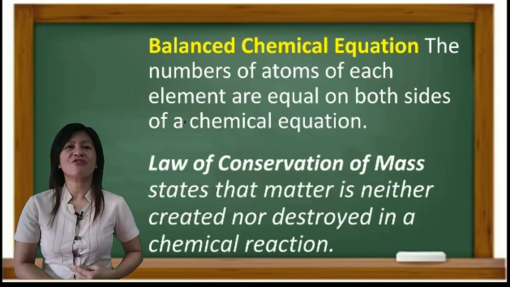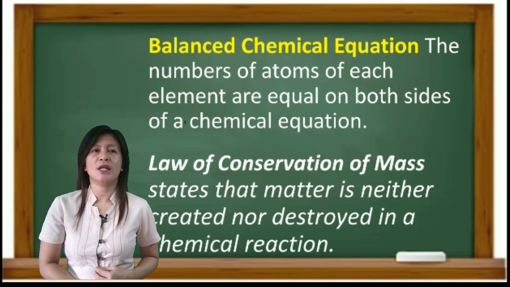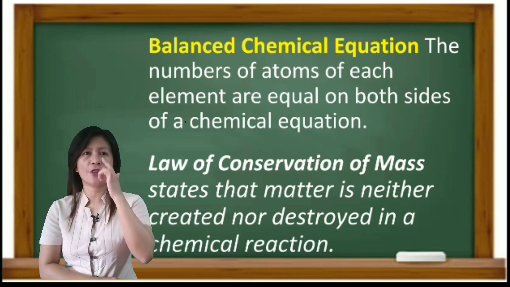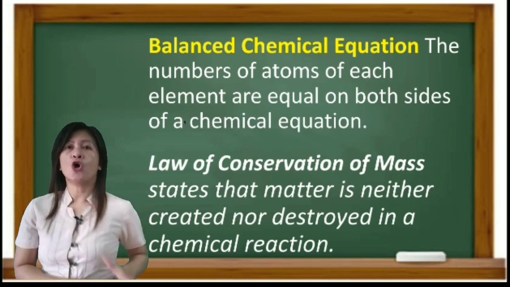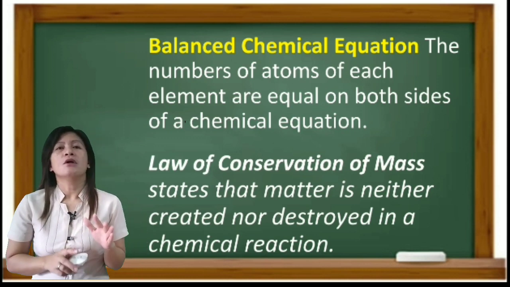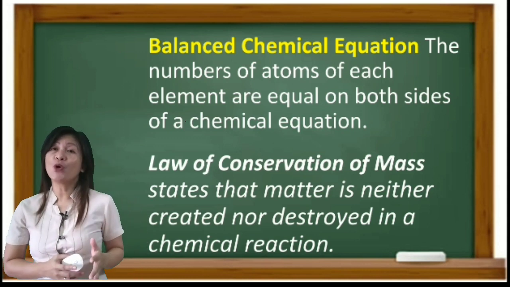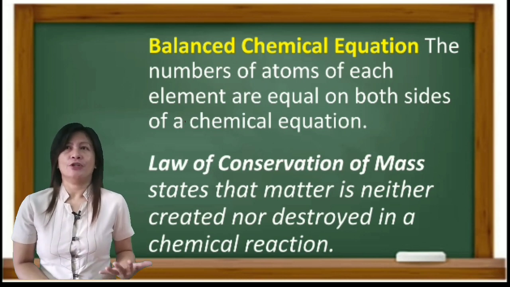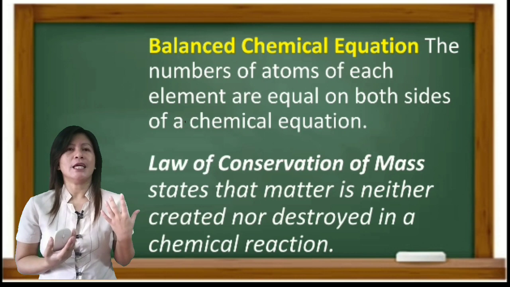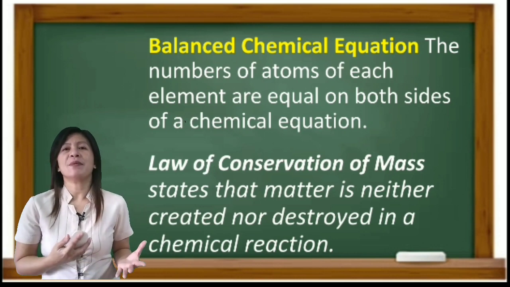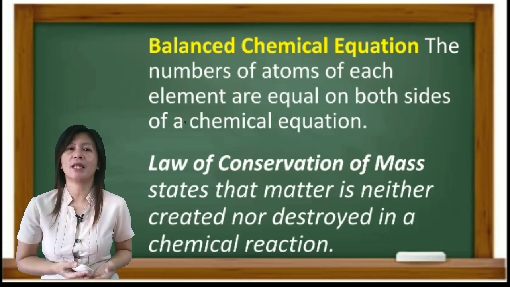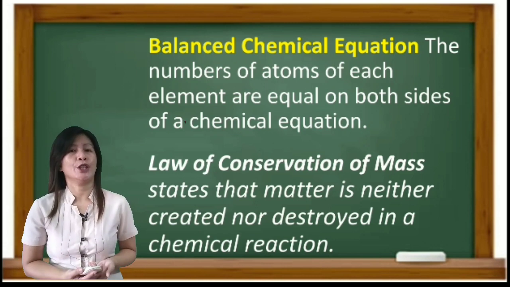If you recall, one of the five postulates of Dalton's atomic theory states that atoms during ordinary chemical reactions undergo rearrangement. So matter, even if it undergoes chemical reactions, chemical change, is neither created nor destroyed.